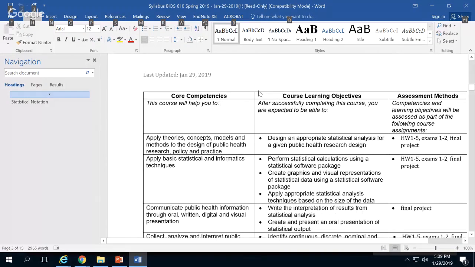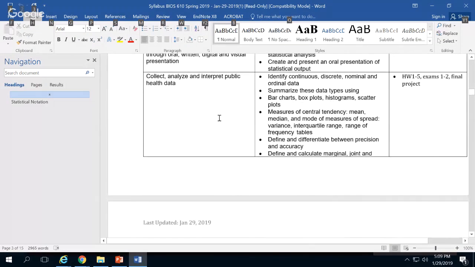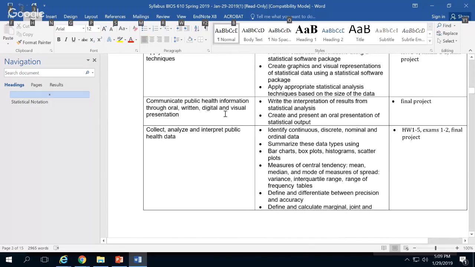I'm not going to go through all of the course competencies and learning objectives. There are lots of them, but this is a broad introduction to statistics. We're going to spend several weeks just talking about types of data and visualization and exploration of data.